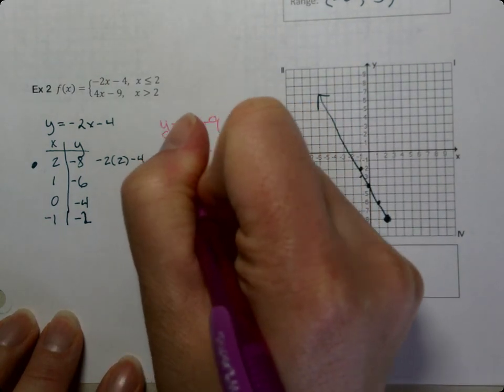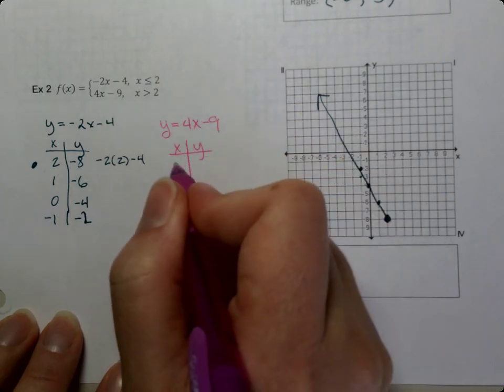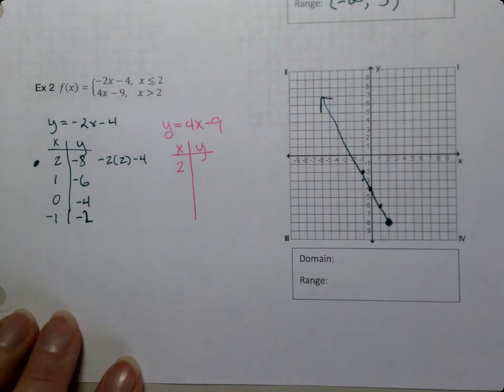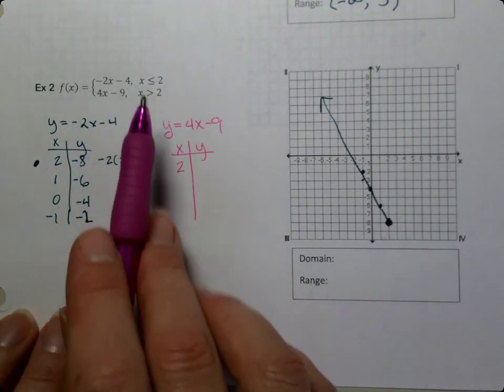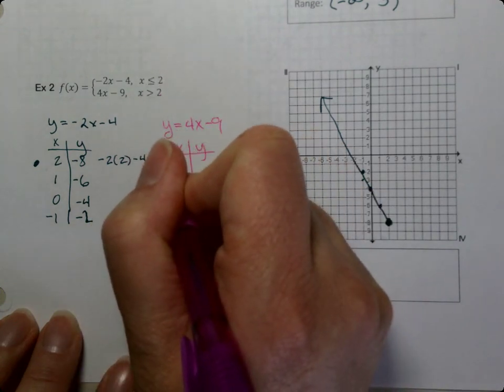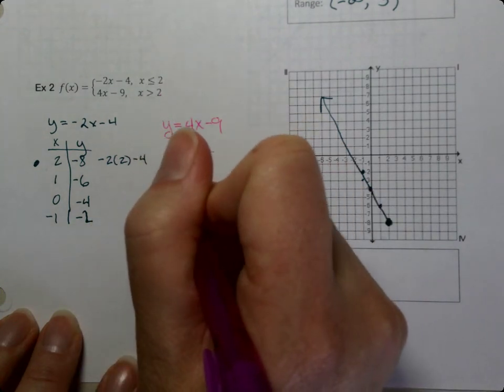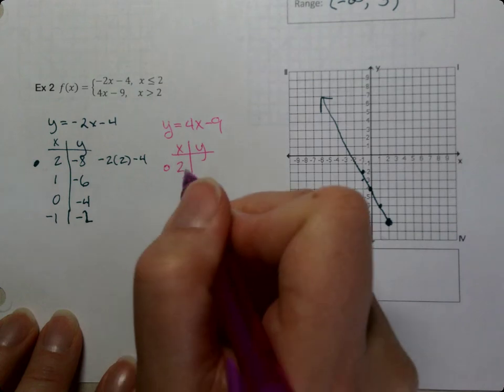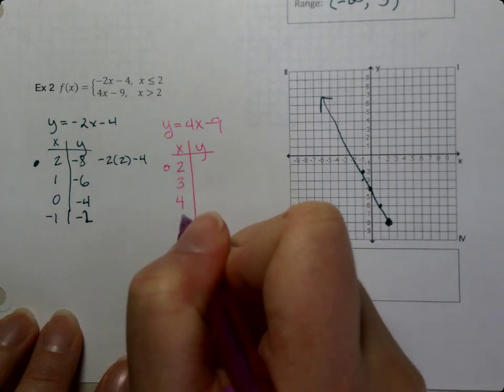All right, it's saying x is greater than 2. Should I be including that 2 or not for x? Not including because it's not equal to on the second one. Oh, the second one. Yeah, on the second one. Okay. x is greater than 2. So what other numbers do I want to put in here? 3, 4. Okay.